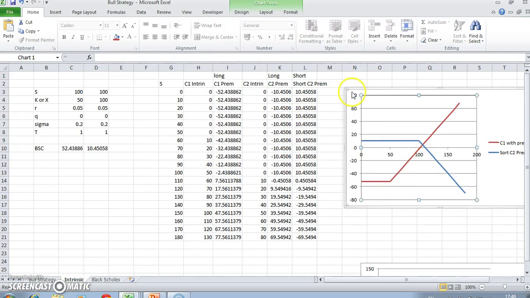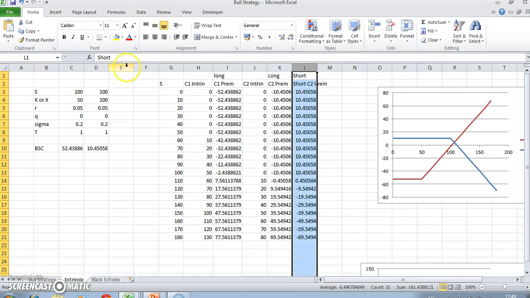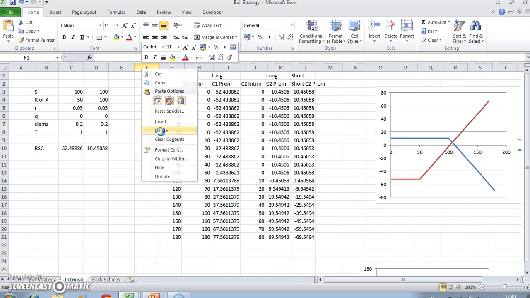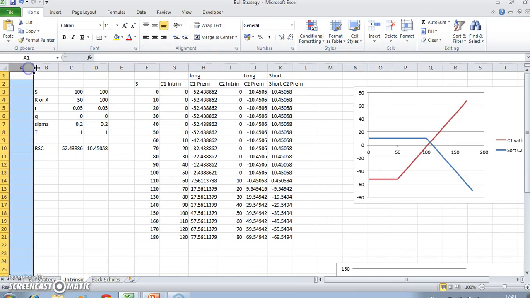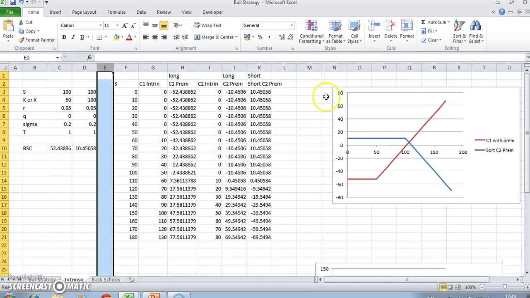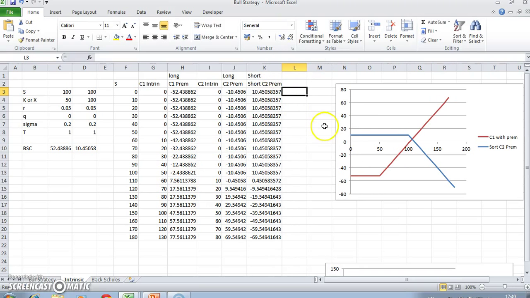Okay, but what about the portfolio? So we might make a little bit more space, and widen this just a little bit. And in addition, we want to know what the portfolio is.